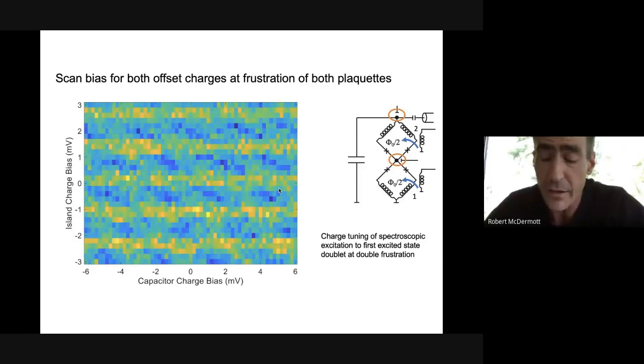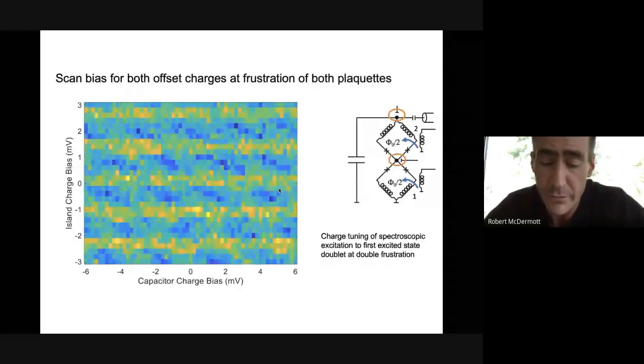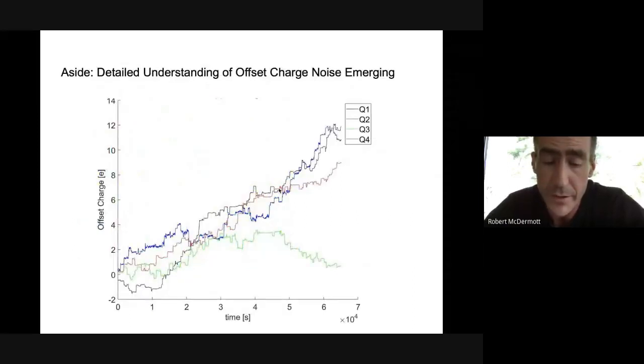And I think as an aside, there was some talk yesterday about these bursts in the context of high impedance resonators and other types of qubits. I think one development is that we really are starting to develop a pretty good quantitative understanding of offset charge noise.